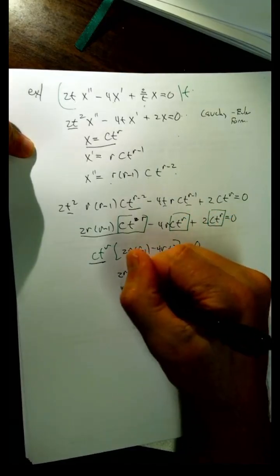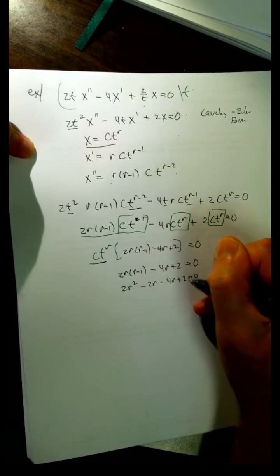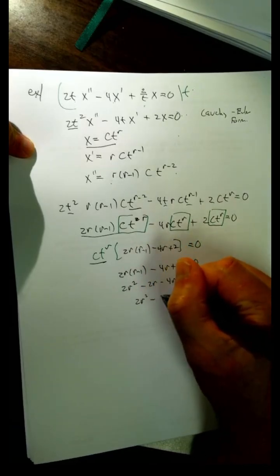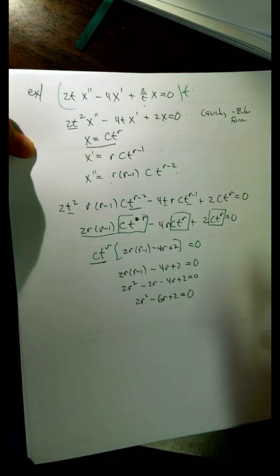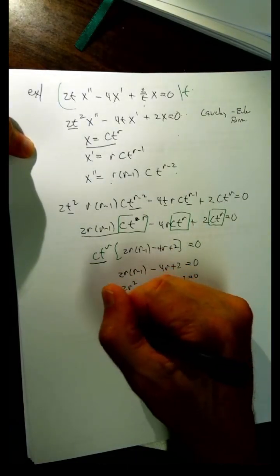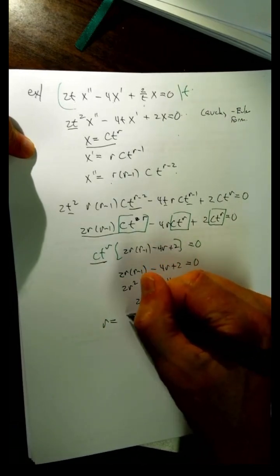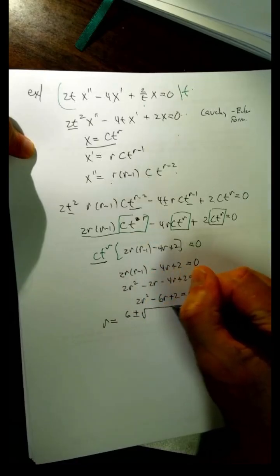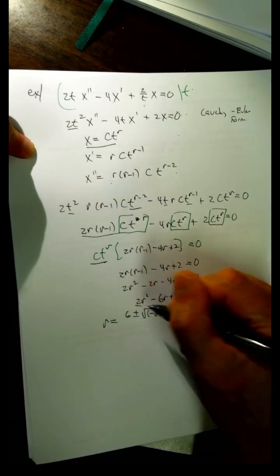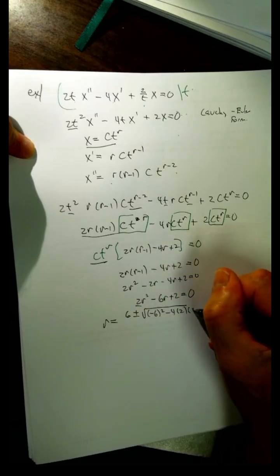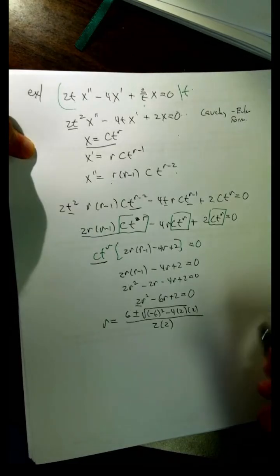Now if I multiply this through, I get 2r squared minus 2r minus 4r plus 2 is 0. So 2r squared minus 6r plus 2 is 0. I don't immediately see how to factor that, so I'm just going to use the quadratic equation. B is minus 6, so minus b is 6, plus or minus the square root of 6 squared minus 4ac, where a is 2 and c is 2, all over 2a, which gives me 2 times 2.